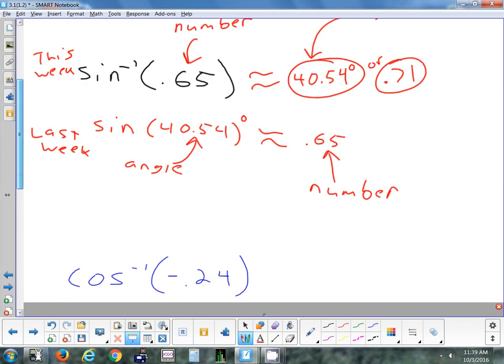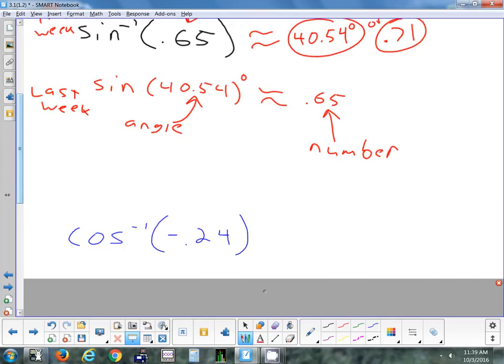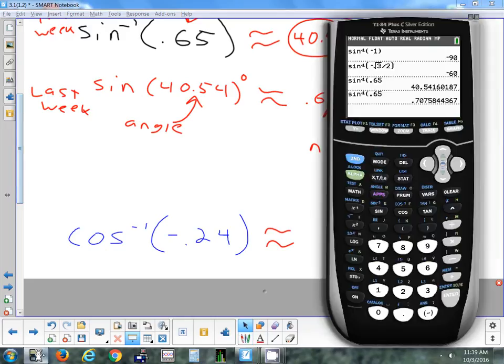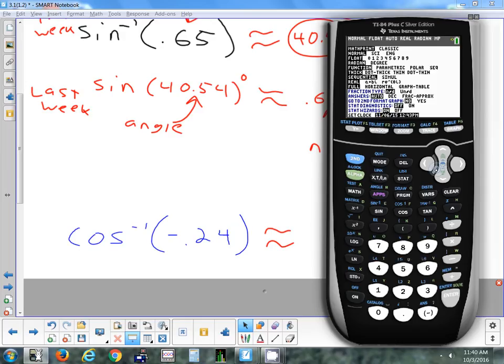Okay, let's try inverse cosine of negative 0.24, and just do it in degrees. We don't need to do it in both. Jake, did you get an answer for that? 103.8.